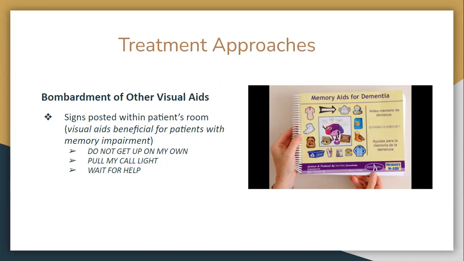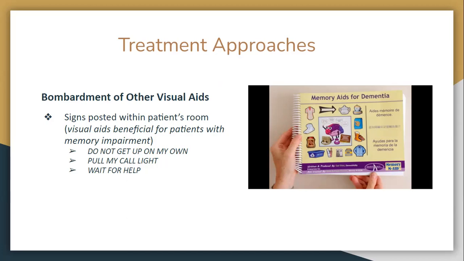The signs are simple, with simple handwriting or print. I tend to use white paper with black ink. This allows for less distraction of color for the patient. I post the signs within the patient's room with their help so that they can tell me where they're most likely to look for the information.